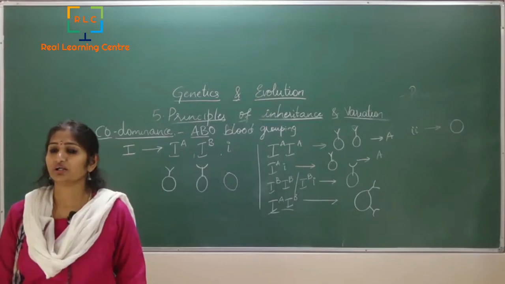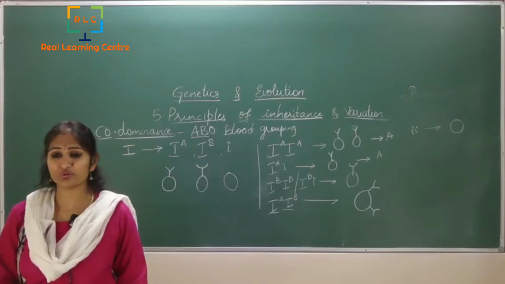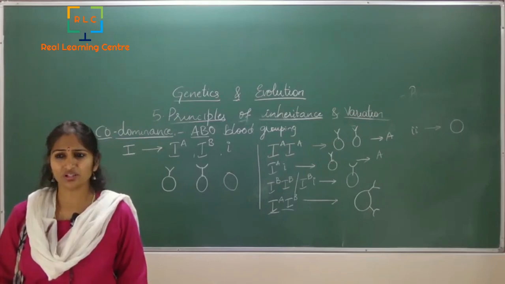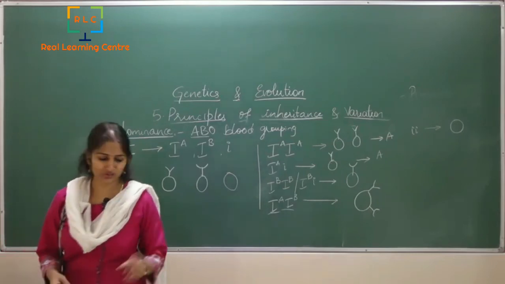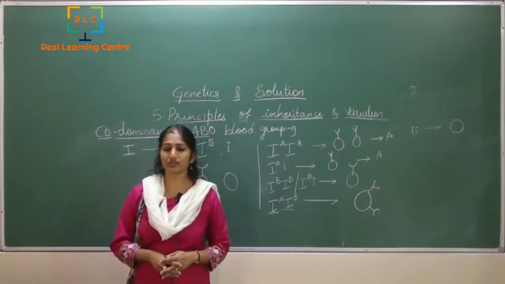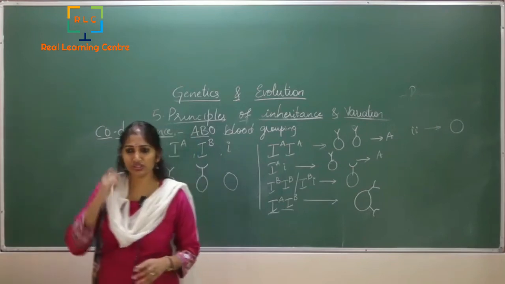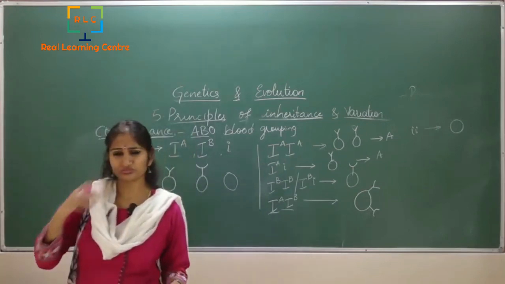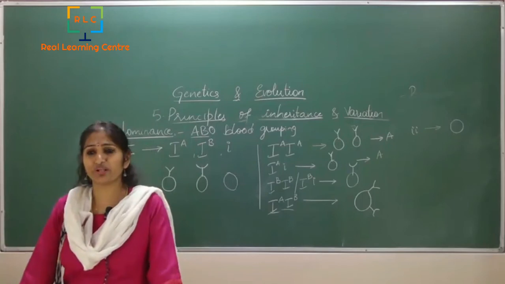Just wanted to tell you about one interesting feature here. We always think that one gene will have one effect, right? But it is not so. Many times we see that it produces more than one effect.